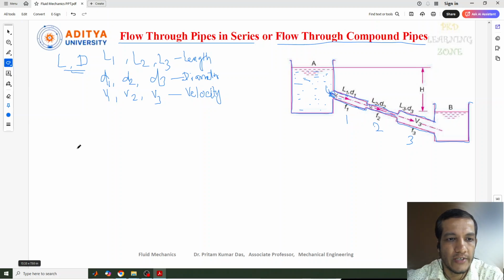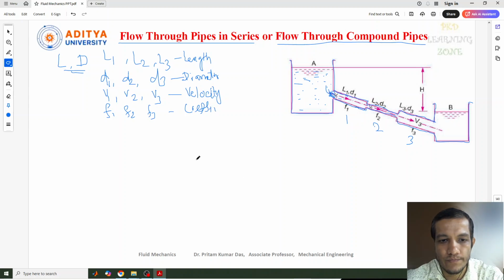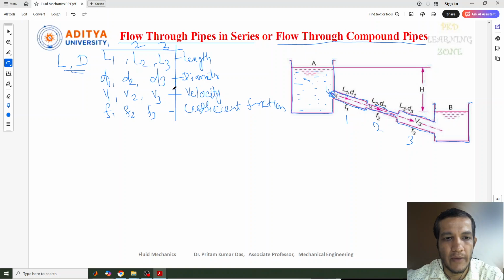These are the coefficients of friction in the pipes. This is for pipe 1, this is for pipe 2, this is for pipe 3. Three different pipes, and these are the parameters.